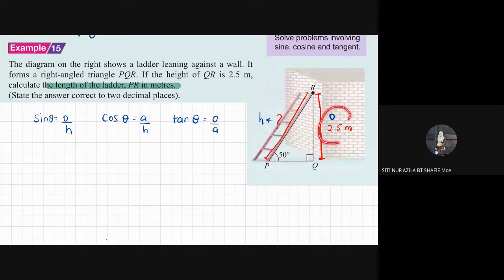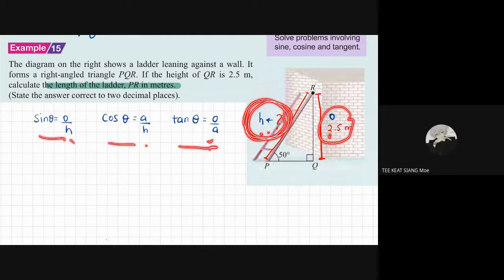We have the value of O and then we want to look for H. O and H. Which formula do you want to use to solve this question? Yang mana nak guna? Sin, cos, or tan? Tengok, kamu ada O and we have H. Which one to use?